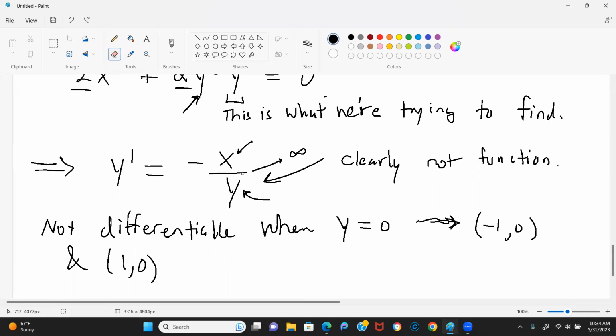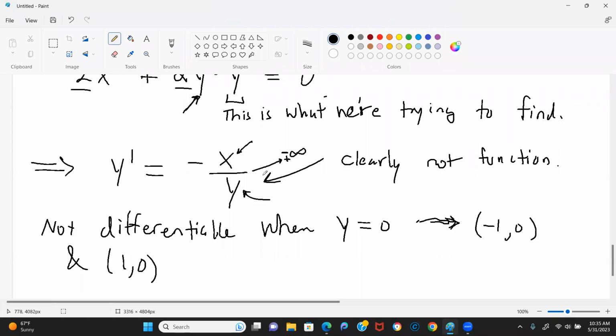As y approaches 0, it can approach from the left or the right. If y approaches 0 from the right, it's going to be negative infinity, and from the left, it's going to be positive infinity.